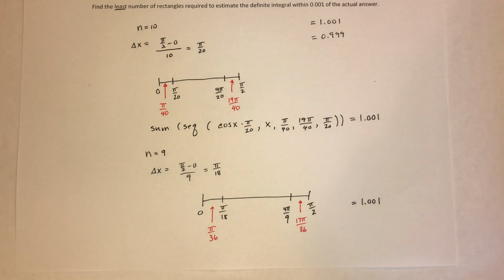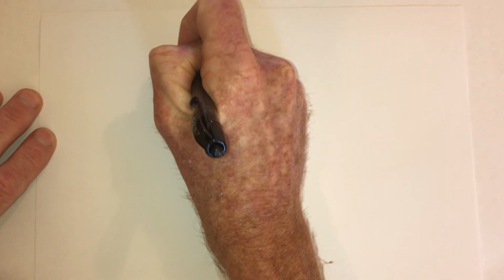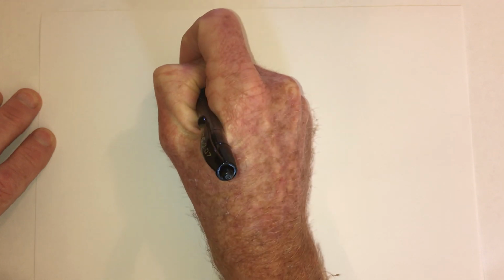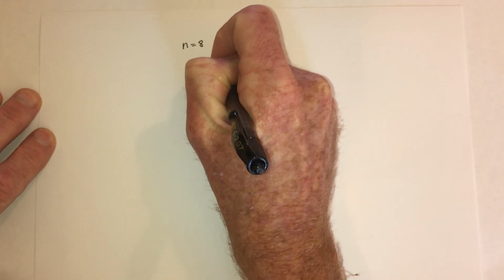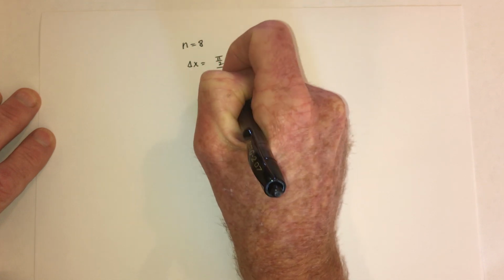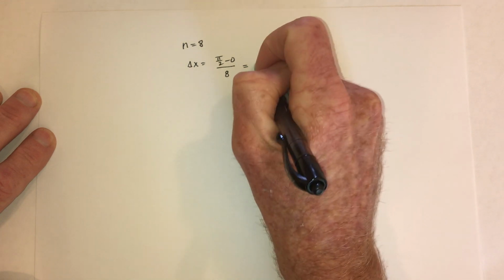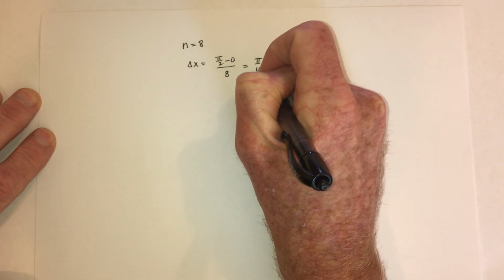Well, maybe we only need 8 rectangles. So if n equals 8 rectangles, then delta x is going to be pi over 2 minus 0, divided by 8. And then when you divide those, that's going to be pi over 16.